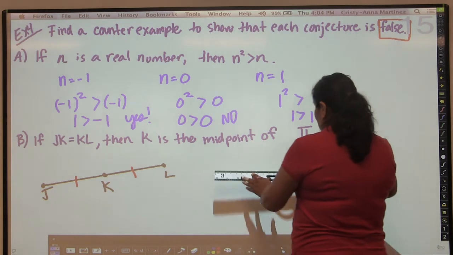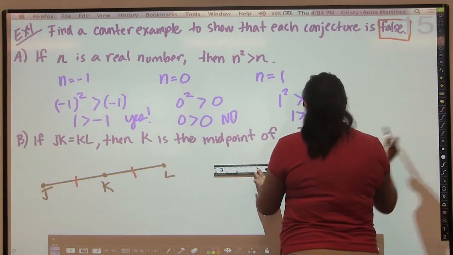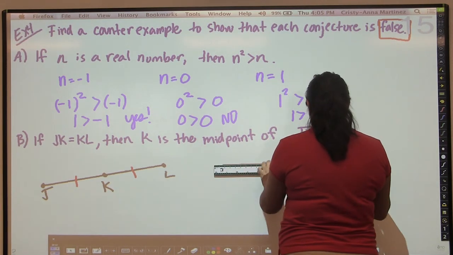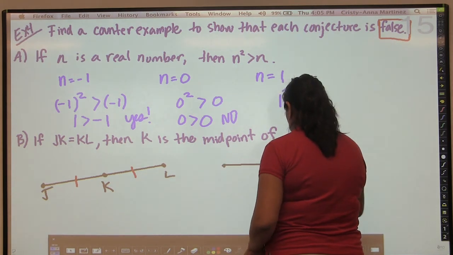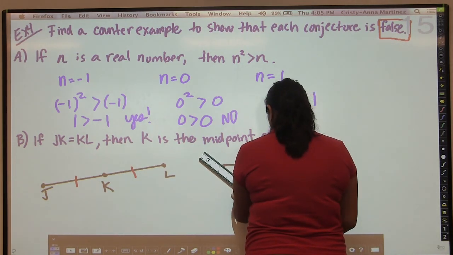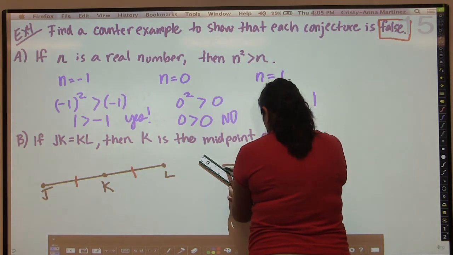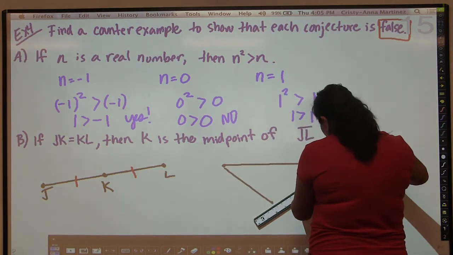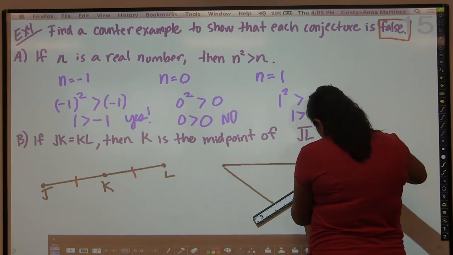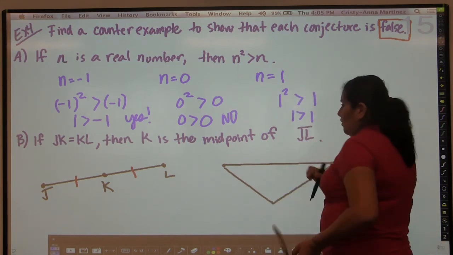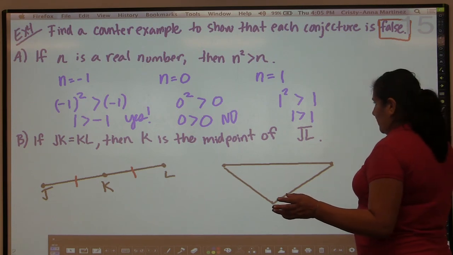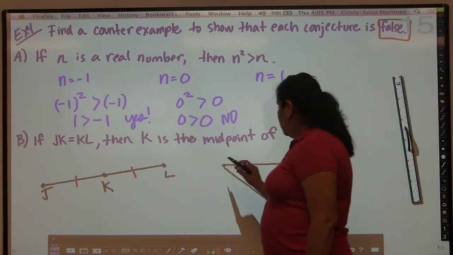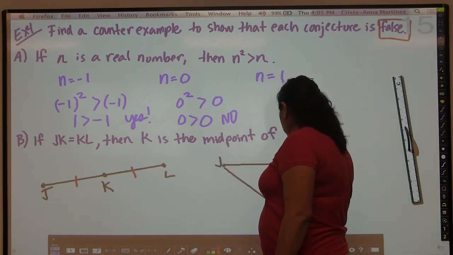So what if I drew myself a different diagram, like so, and like so, and like so. And you're going to say, oh, but that doesn't count, Mrs. Martinez. Yeah, it does. As long as I follow what it says. It didn't say that JL had to be a straight line. So I could call this JKL.